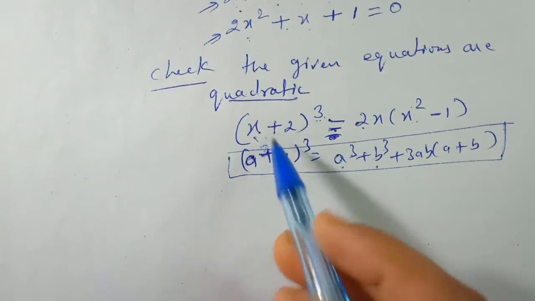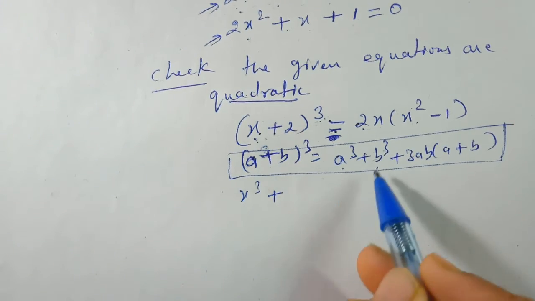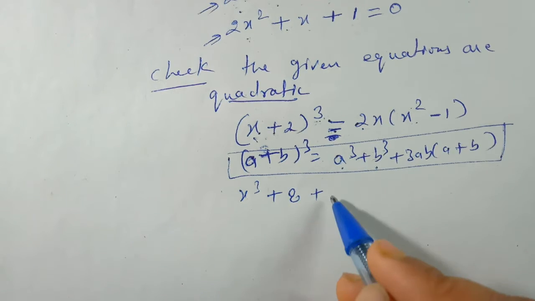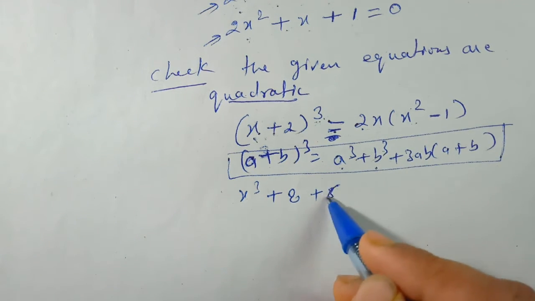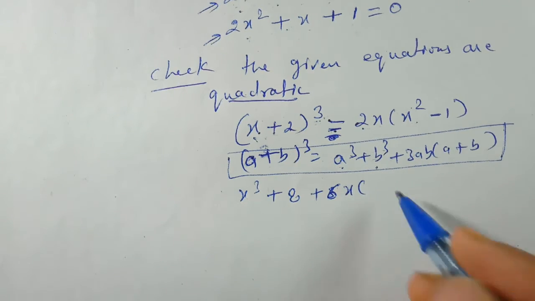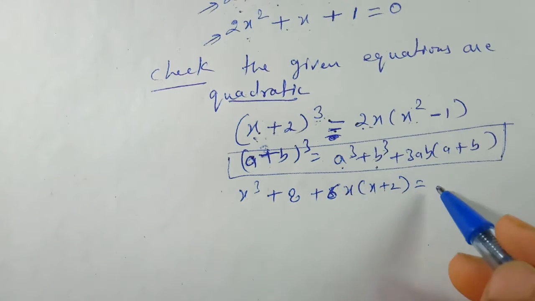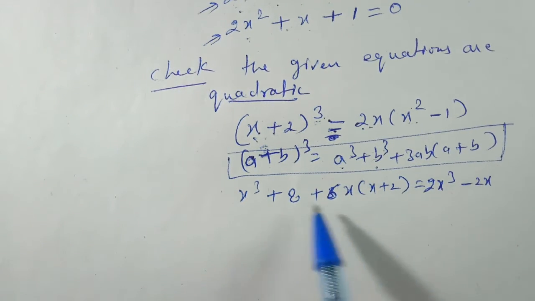Using this identity on the left hand side, it will be x cube plus b cube, that is 2 cube, which is 8, plus 3 into x into 2 means 6x, then within bracket x plus 2. On the right hand side we multiply these two: 2x cube minus 2x.